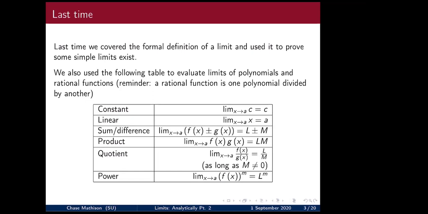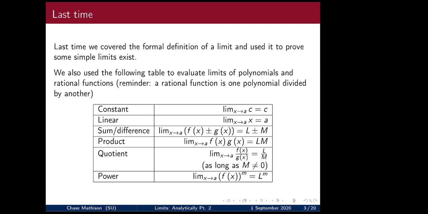Okay, so we use this table here of limits to evaluate some simple limits. Are there any questions on these limits that I have listed in this table? Because these, along with the composition rule, were how we got all of our limits last time. Any questions?